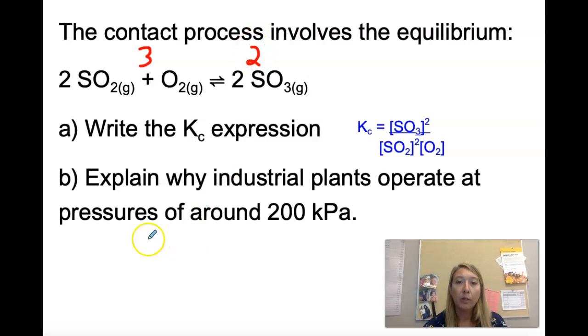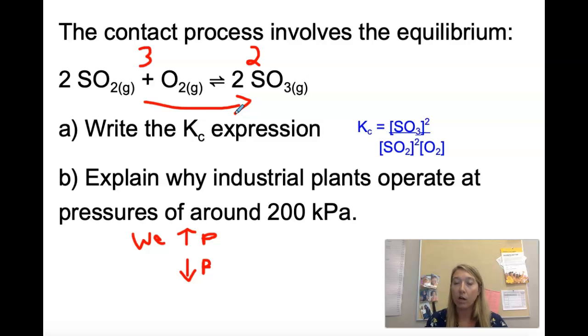If we increase the pressure, our system is going to want to do the opposite, which is to decrease the pressure. The way it does that is to favor the side with fewer molecules, which just so happens to be the products, which is what we're trying to make. So that's why it operates at high pressure: Le Chatelier's tells us high pressure favors the side with fewer molecules, which in this case is also our products.